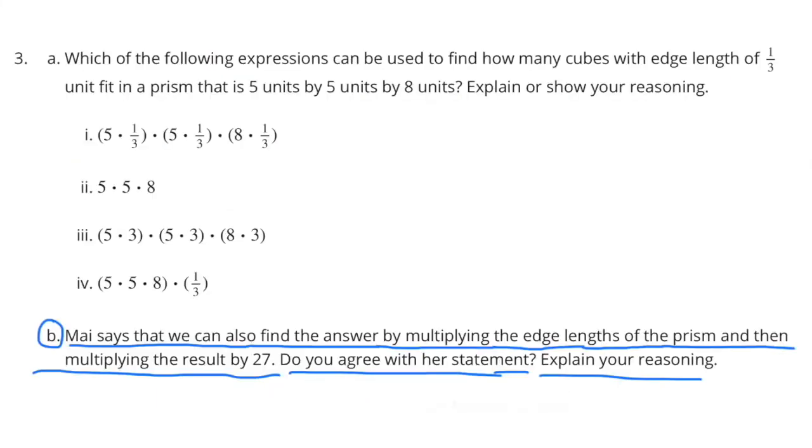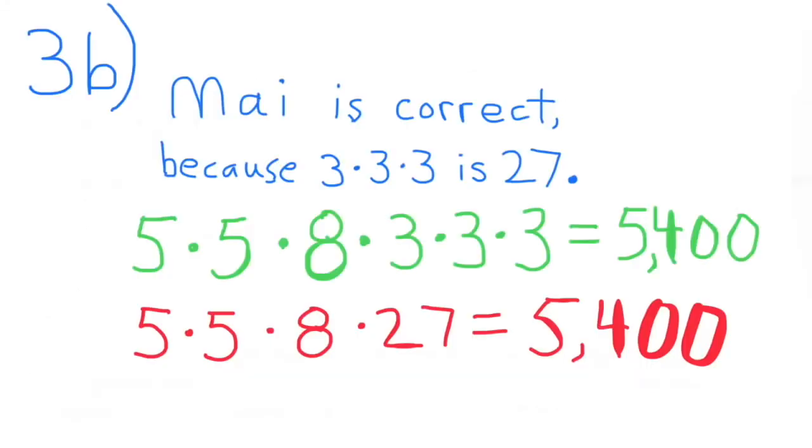B. Mai says that we can also find the answer by multiplying the edge lengths of the prism and then multiplying the result by 27. Do you agree with her statement? Explain your reasoning. I agree. Mai is correct because 3 times 3 times 3 is 27.